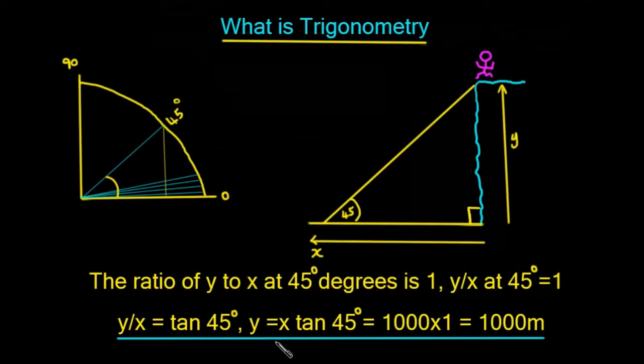Then we can say that y would equal 1000 times the tan of 45, and we know the tan of 45 is equal to a value of 1. So the height here, y, would equal 1000 times 1, which would equal 1000 meters. So we would just be saying that the height of the mountain is the same as this length here, which is 1000 meters.